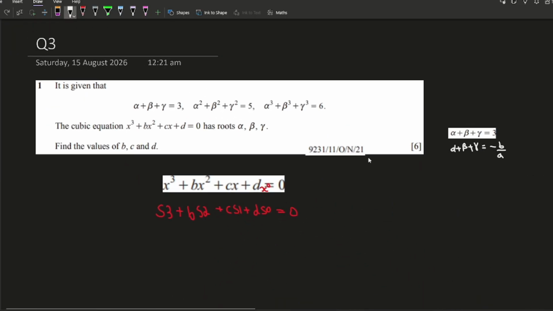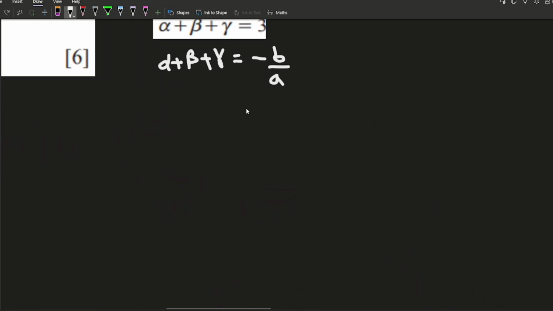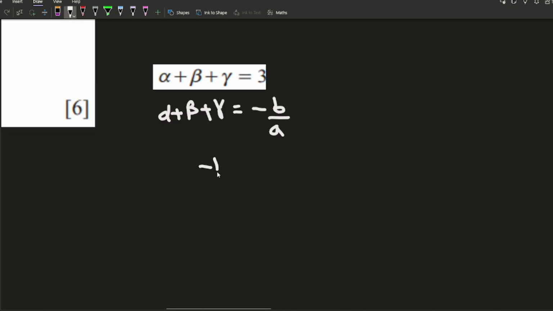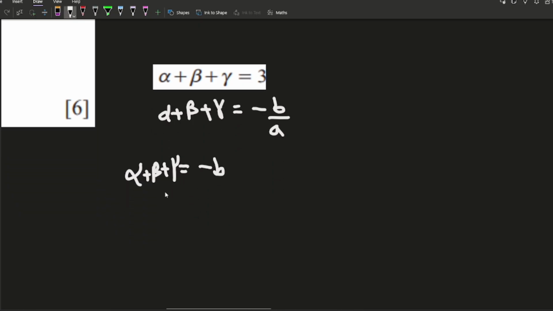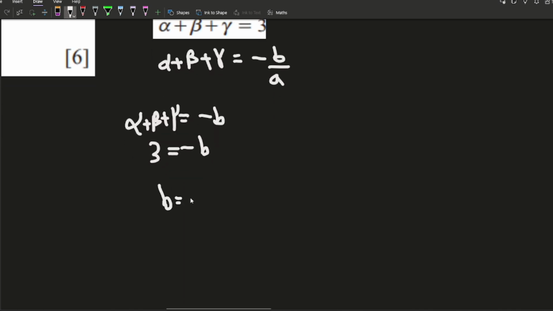So in place of a there is 1, so this will be minus b equals to alpha plus beta plus gamma. Now the question has told us that alpha plus beta plus gamma is equals to 3, therefore this will be equals to minus b. Let's make b the subject, so the value of b is equals to minus 3.